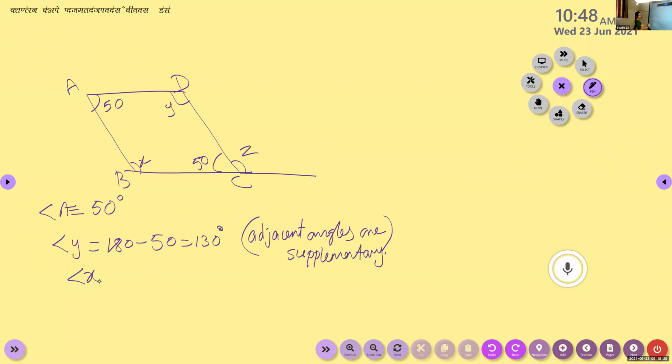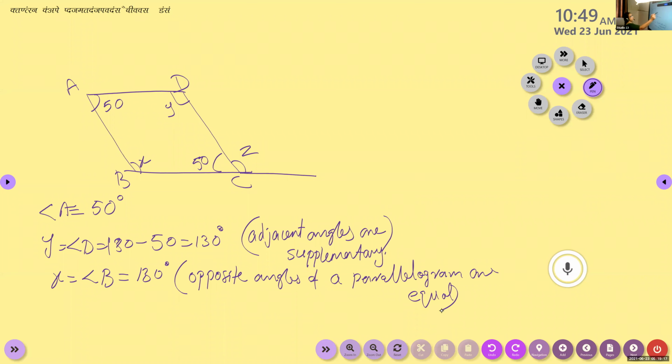Y equals angle D equals 180 minus 50. X equals angle B equals 130. Reason: opposite angles of a parallelogram are equal.